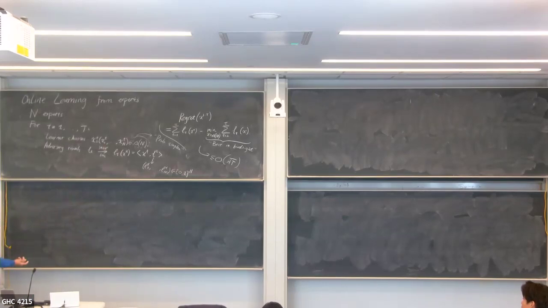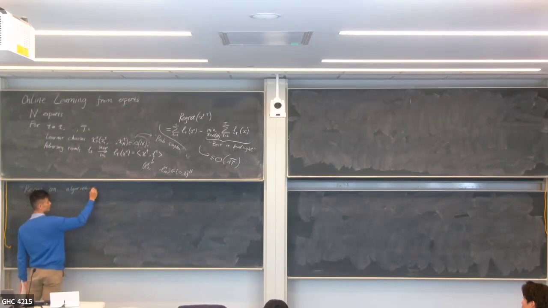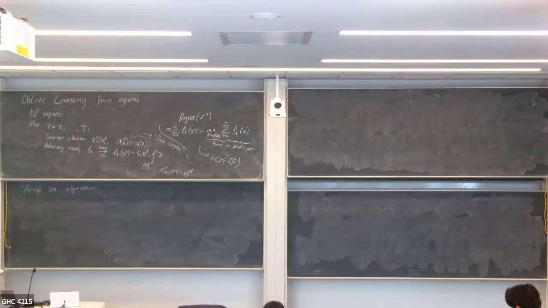Let me give you a recap of the algorithm so far. One of the algorithms that gets you this so-called routine. The algorithms can usually be described as some sort of update rule: you're choosing your distribution every round based on the losses you have seen so far.